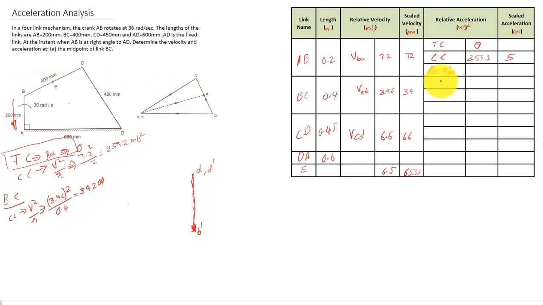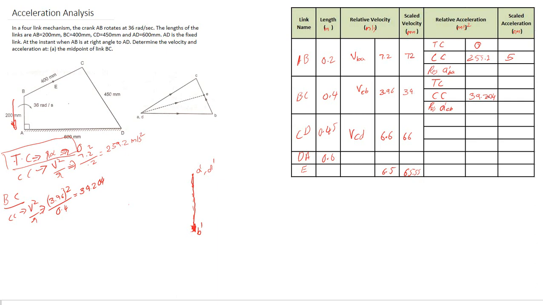So I am writing this as here also TC, CC, and the resultant acceleration A dash of C with respect to B, that is, the acceleration of C with respect to B. So the value of the centripetal component is 39.204.